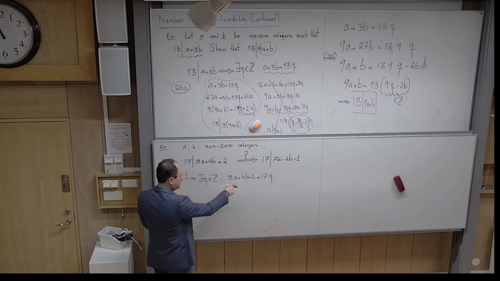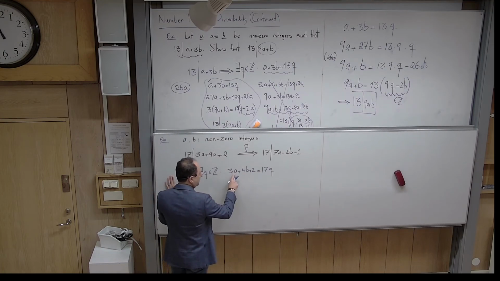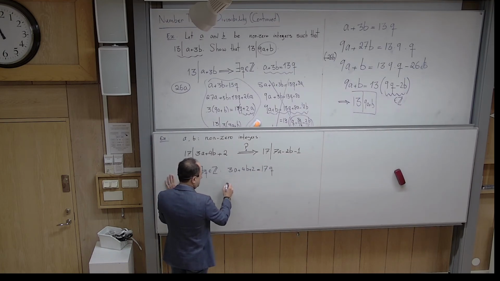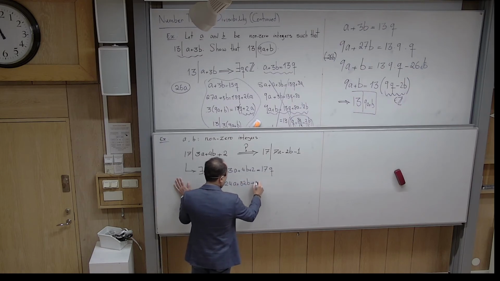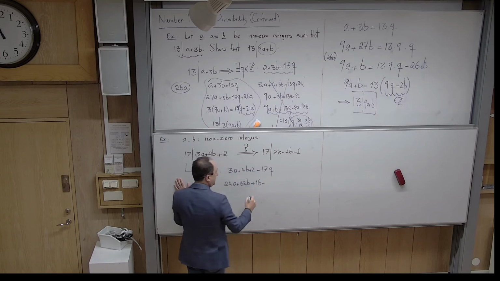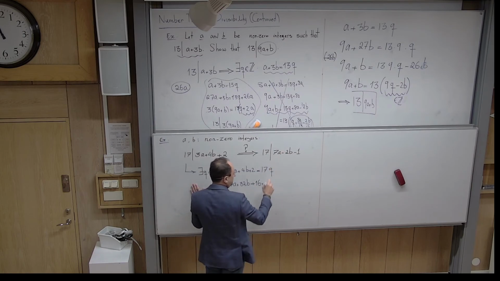If I multiply by 8, what happens here? It becomes 24a plus 32b plus 16. I also multiply the right side by 8. By the experience of the previous problem, you don't even bother to multiply them really.